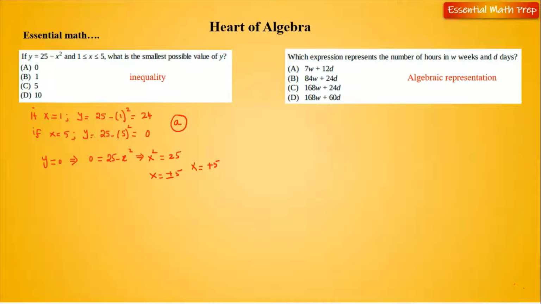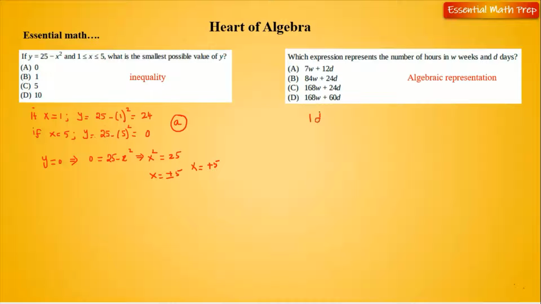Moving on to the second problem on the screen, that's part of the algebraic representation concept. The question asks you to determine the number of hours in terms of weeks and days. So essentially, you're asked to determine an expression. What do we know about a day?